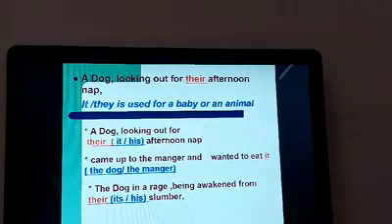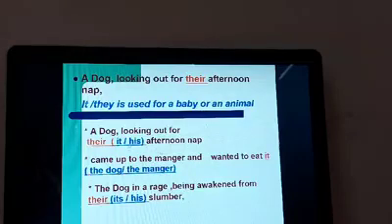A dog looking out for their afternoon nap. "It" and "they" are used for a baby or animal. These are grammatical rules. But for a fable, you can use "it" or "they". But for a single noun, you have to use, of course, a single pronoun, not a plural pronoun. So the expression will be a dog looking out for its afternoon nap or his afternoon nap.